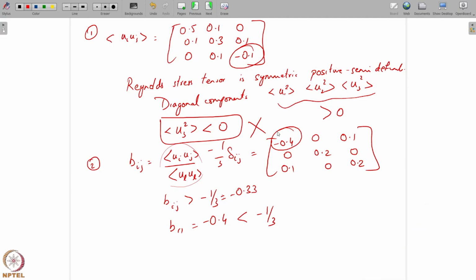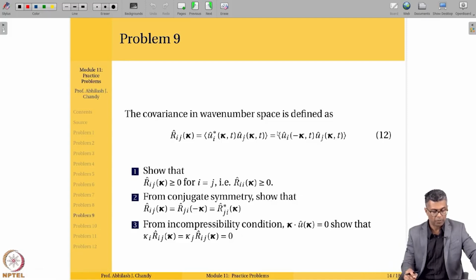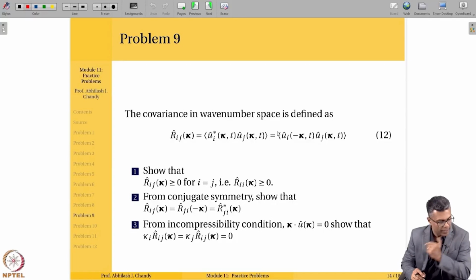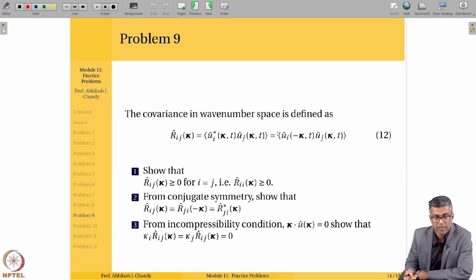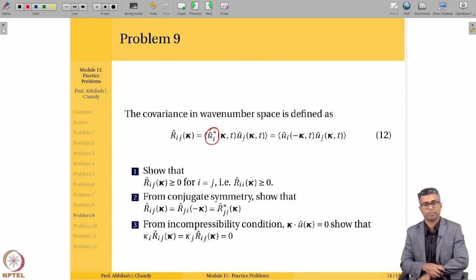Let's try the next problem. The covariance in wave number space is defined as Rij of kappa is ui hat star of kappa and uj hat of kappa, which is basically ui hat of minus kappa, because this right here is the conjugate, and so that is ui hat of minus kappa times uj hat of kappa.